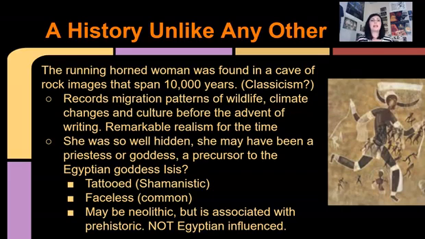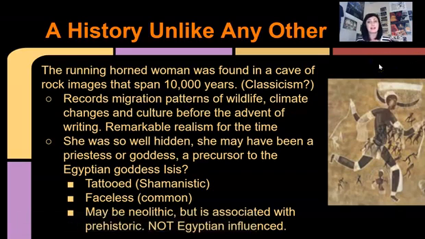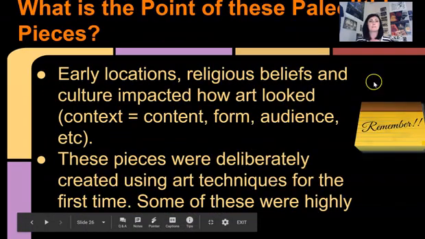And what we see in here is that they're recording things like wildlife and climate changes, which on the rock paintings would have been very important, because kind of seeing a pattern of what was happening in this area, because it became a desert, you would need to move. And the fact that this was so well hidden in a cave makes people think, oh, this is old Paleolithic art, but probably not, all right? It actually was probably closer to the time of Egypt than anything else.